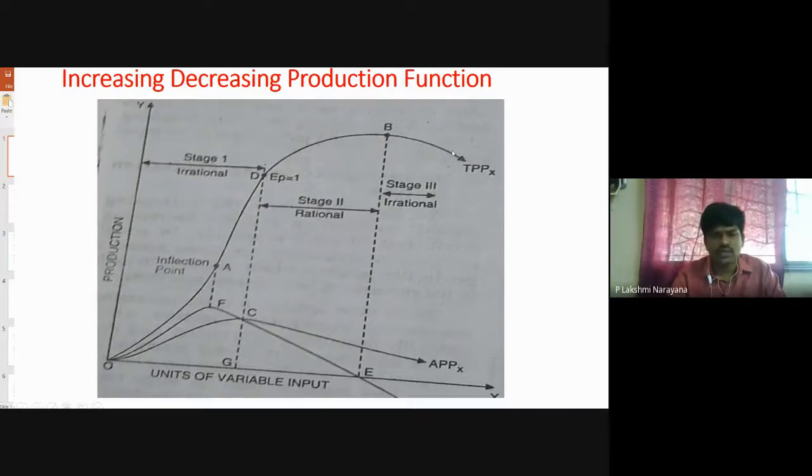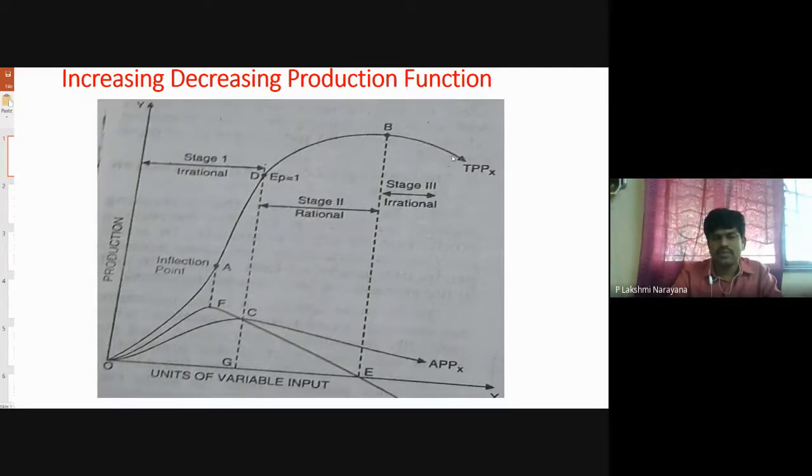So in total production, first there is an increasing stage, then increasing but at a decreasing rate. After point B, it continuously declines. This is the total production possibility.